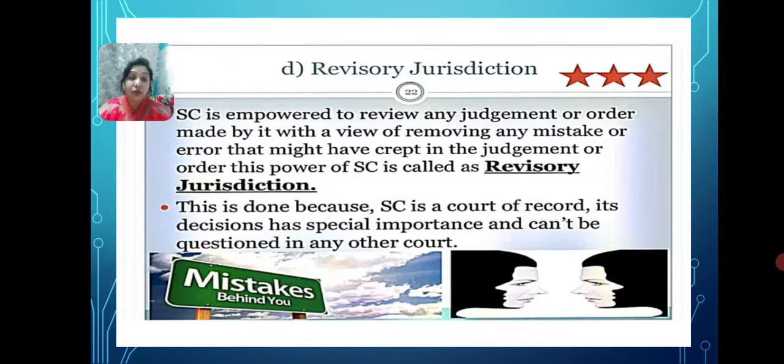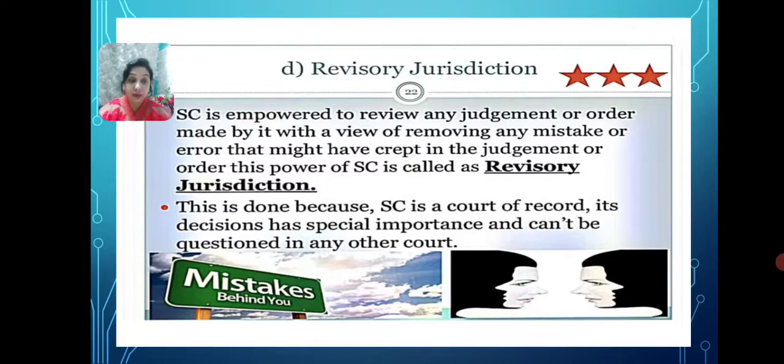Now let us come to the next type of jurisdiction, that is revisory jurisdiction. Now advise and revise sound similar, isn't it? The Supreme Court is empowered to review any judgment or order made by it with a view to removing any mistake or error that might have crept into the judgment or order.